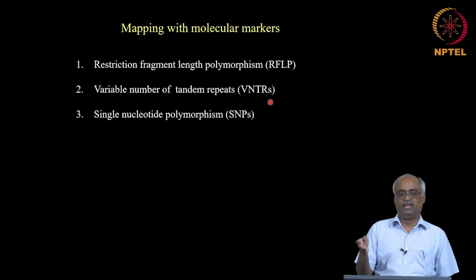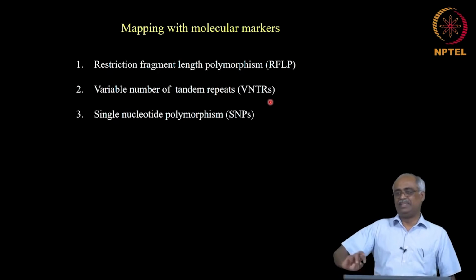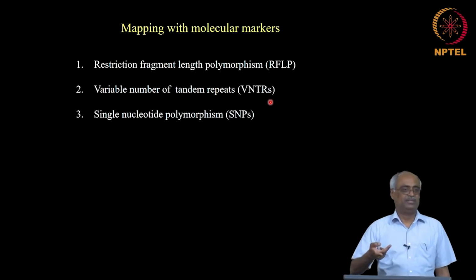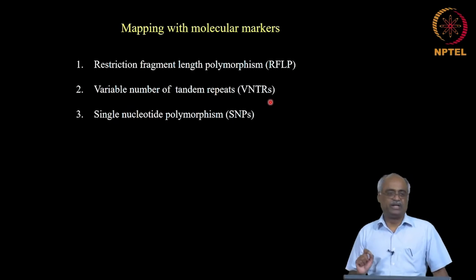Let us say the 134th nucleotide on chromosome 1 is A, in another organism the 134th base on chromosome 1 from the left end is G. So, these two are SNPs. So, the variation is in one nucleotide.